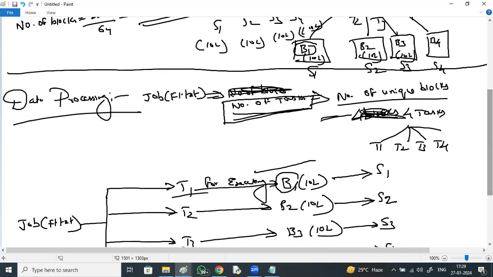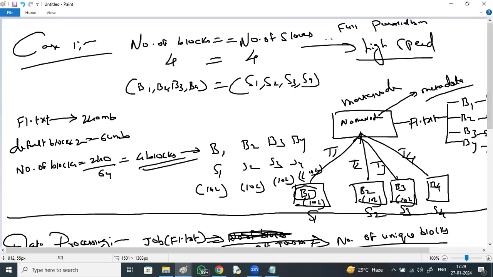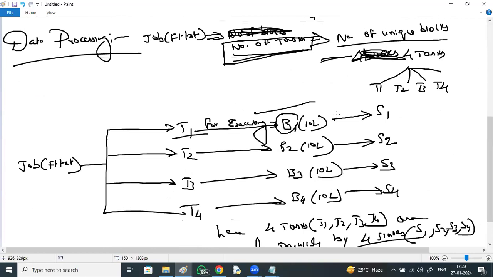That's why we say high speed, full parallelism, right? Understood this? This is how storage and processing happen.